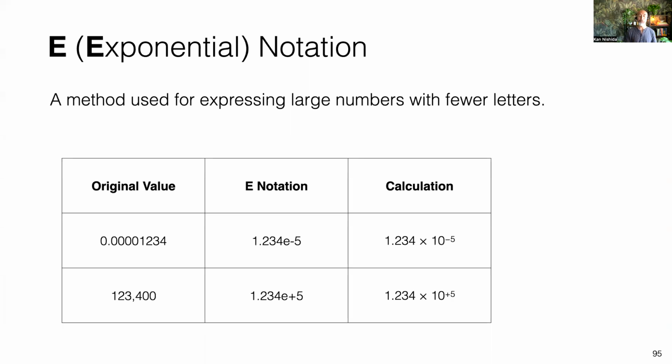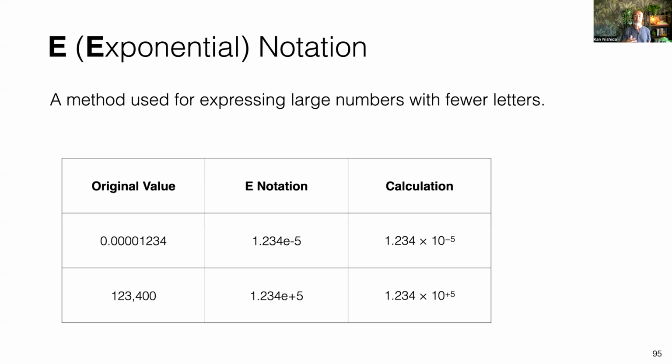So we use E notation or exponential notation, or sometimes we call it scientific notation. When you see E minus something, let's say E minus 5, that means 10 to the power of minus 5. I forgot how to say it in English. Power minus 5.